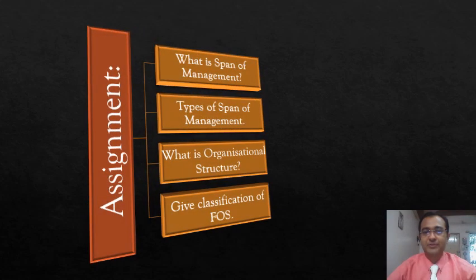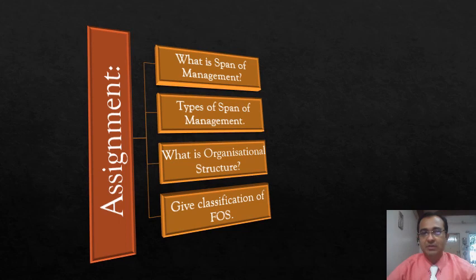It's time for the assignment, and the assignment for today is: what is span of management, types of span of management, what is organizational structure, and give the classification of functional organizational structure.